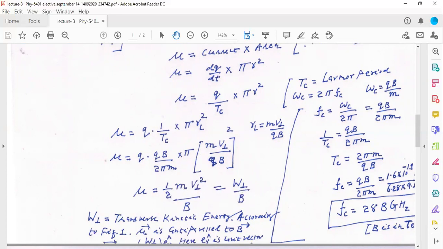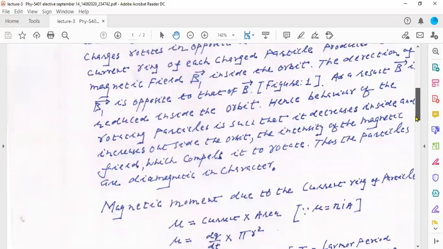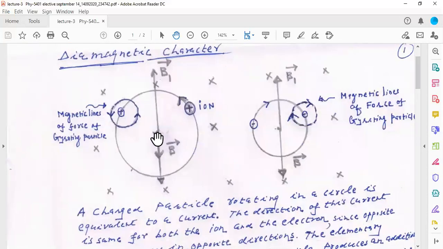Now this is the expression of the magnetic moment, and we will calculate its direction. Because it is a vector quantity, you have to take a right hand screw and keep it perpendicular to the plane of the paper. Then you rotate the screw in the direction of the conventional current.